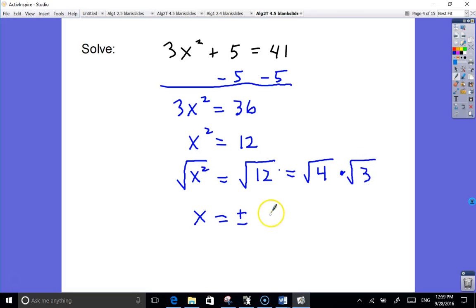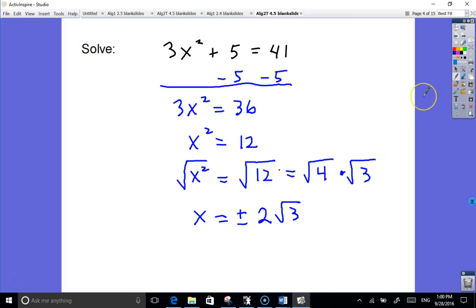And then the square root of 4 is 2. So it's 2 times the square root of 3. So x equals plus or minus 2 times the square root of 3. So don't turn them into decimals. We're expected to be able to deal with radicals without turning them into decimals.